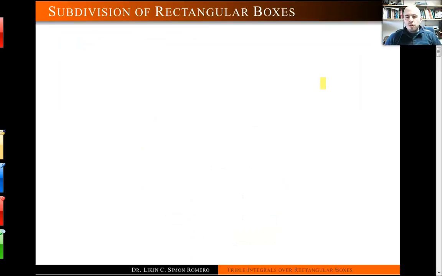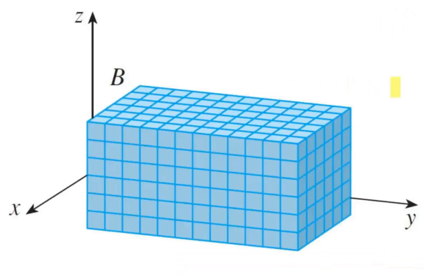So the idea is we're going to start defining triple integrals over rectangular boxes by subdividing these rectangular boxes. You subdivide each one of the intervals of the corresponding variables, just like we did with rectangles, and we obtain a subdivision into smaller rectangular boxes.